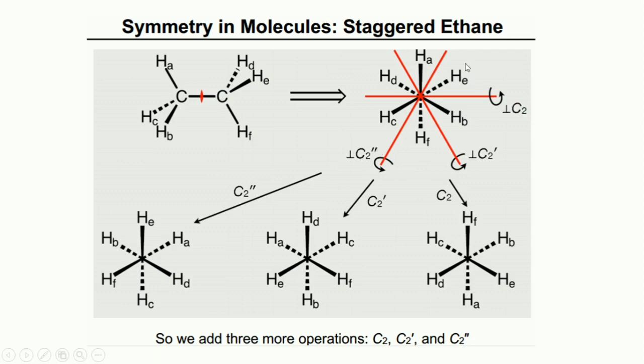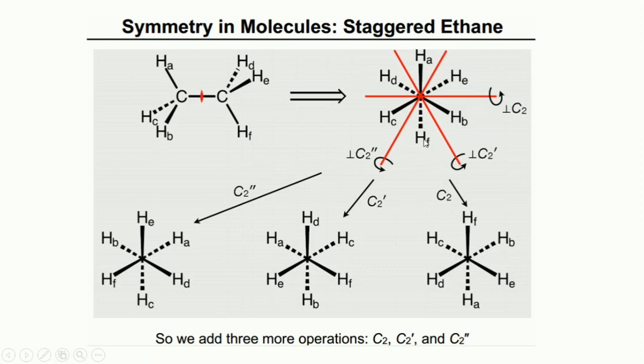Solid one means towards the observer and the dotted one is away from the observer or outside of the plane. So if we apply the C2 on this side, you can take it either this side or the other side. There will be no effect on that kind of rotation.